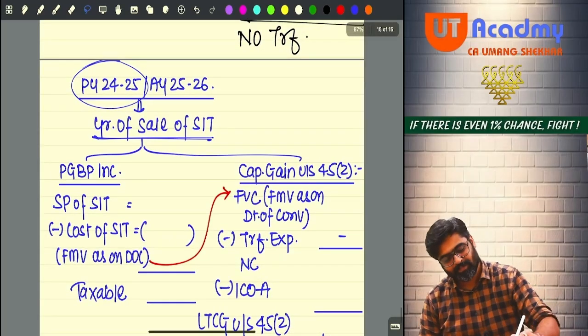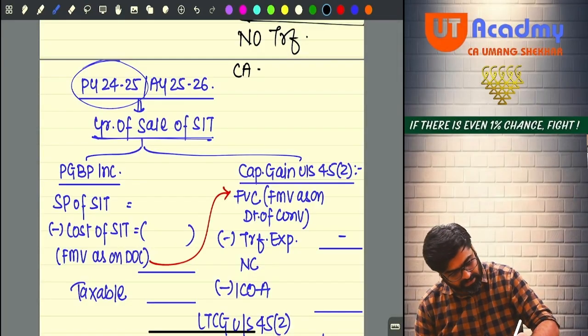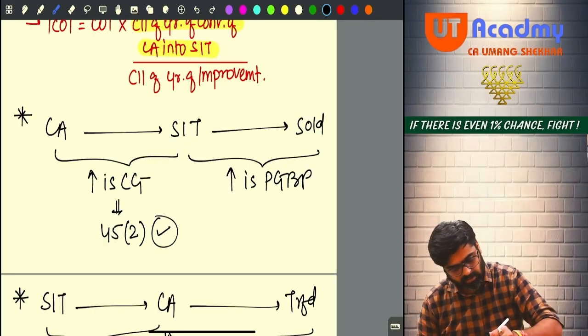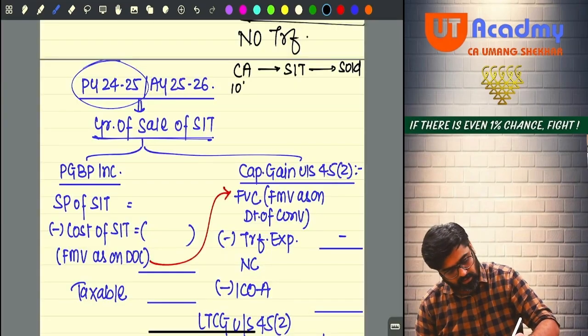So, I had a capital asset which I converted into stock in trade, and that stock in trade I am selling, right? When did I acquire the capital asset? 10 June 2006.